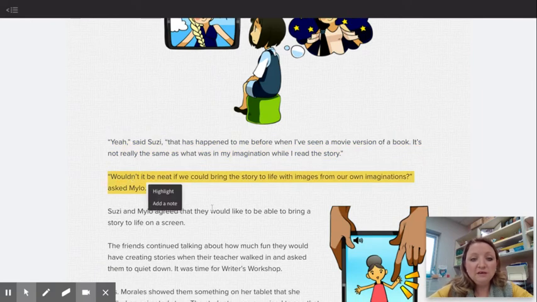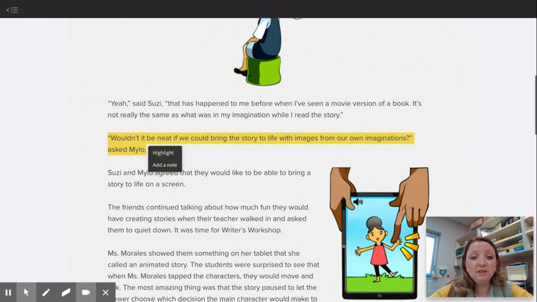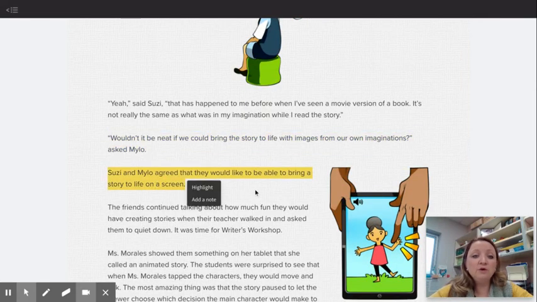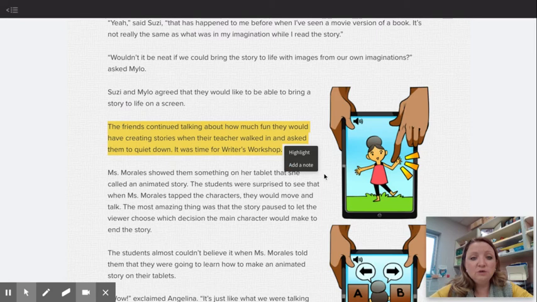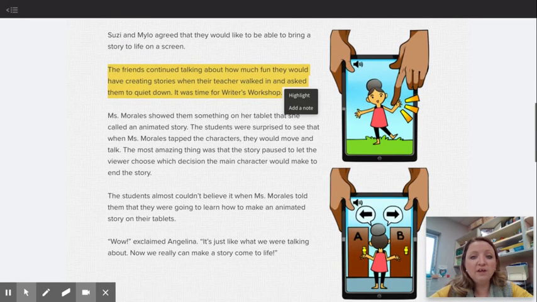"Wouldn't it be neat if you could bring the story to life with the images from our own imagination?" asked Milo. Susie and Milo agreed that they would like to be able to bring a story to life on a screen. The friends continued talking about how much fun they would have creating stories when their teacher walked in and asked them to quiet down. It was time for writer's workshop.